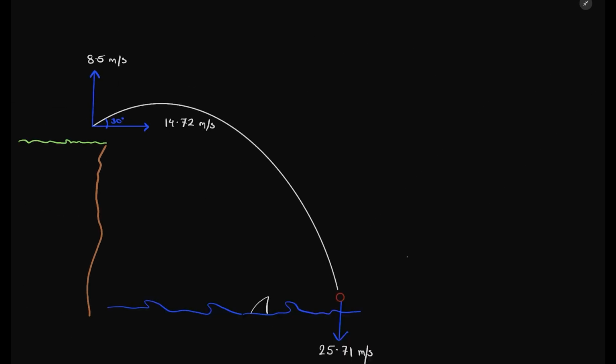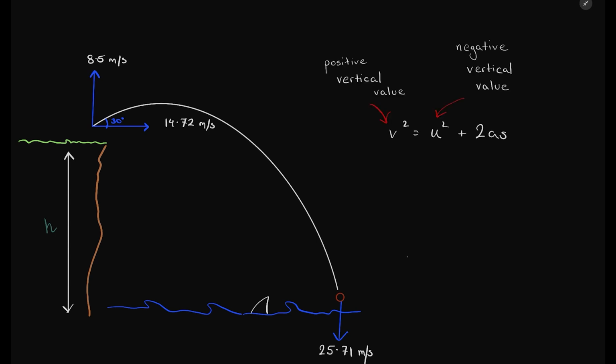For the next part, let's say they are asking for the height of the cliff. As we know the initial and final vertical values, we can use v squared equals u squared plus 2as. As you can see, the vertical values are given positive and negative signs respectively.